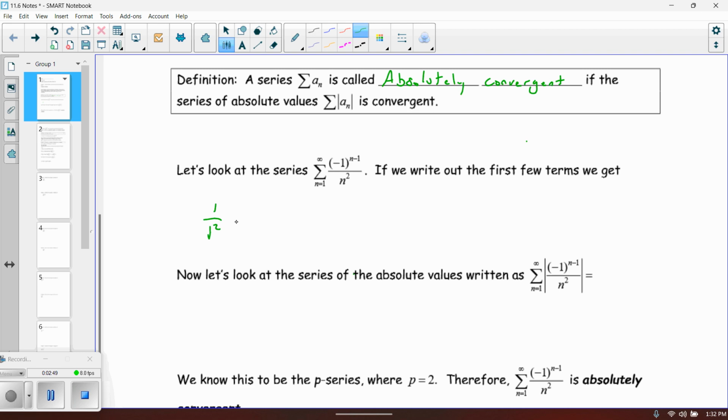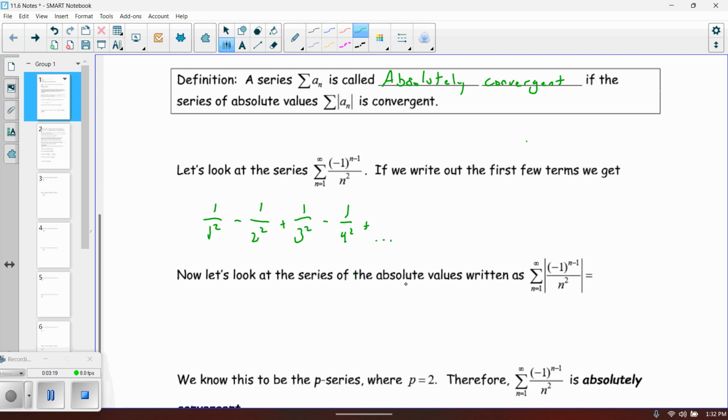The next term, if you plug in 2, is going to give you a -1 on top, so it's -1 over 2 squared. Plugging in a 3 makes the top positive, and then you'll get 3 squared. Plugging in 4 makes the top negative over 4 squared, and so on. Okay, clearly that is alternating, so we can see that plus, minus, and so on.